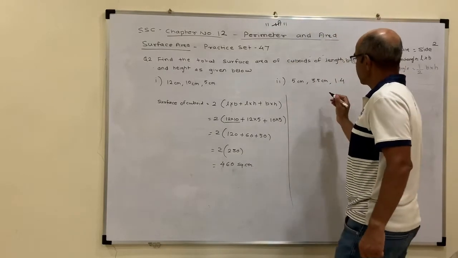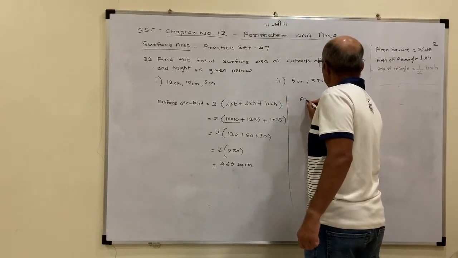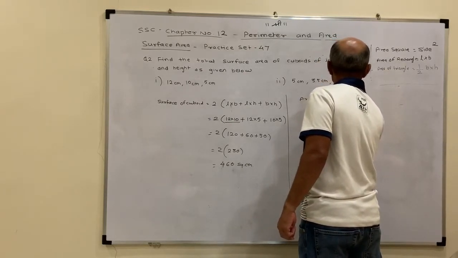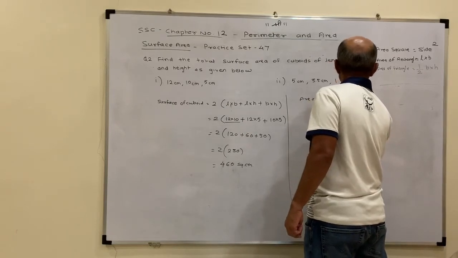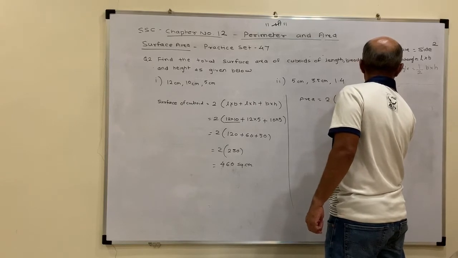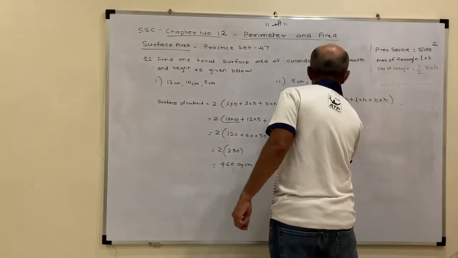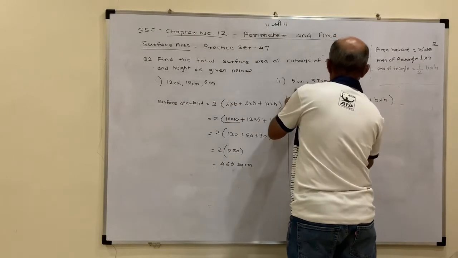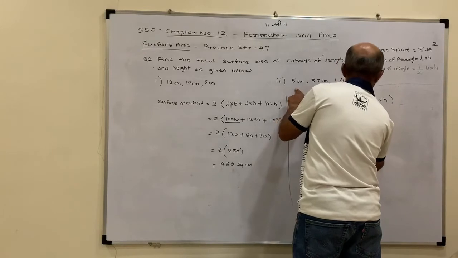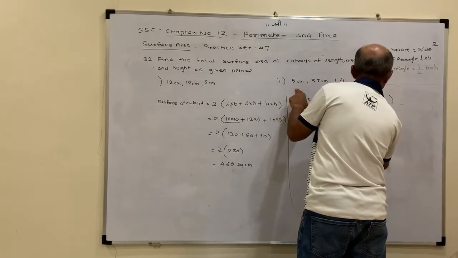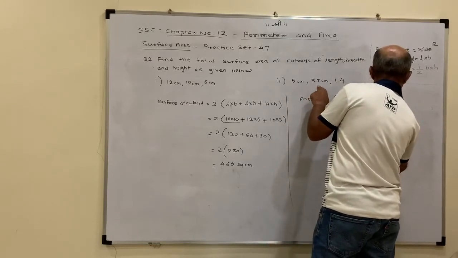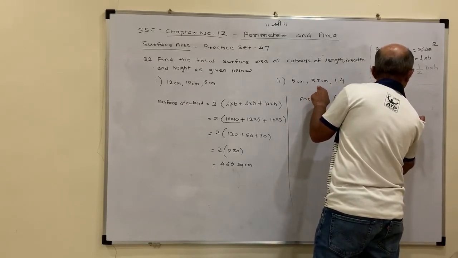Again my formula is the same. Area equals 2 into length into breadth plus length into height plus breadth into height. So here 2 into 5 into 3.5 plus 5 into 1.4 plus 3.5 into 1.4.